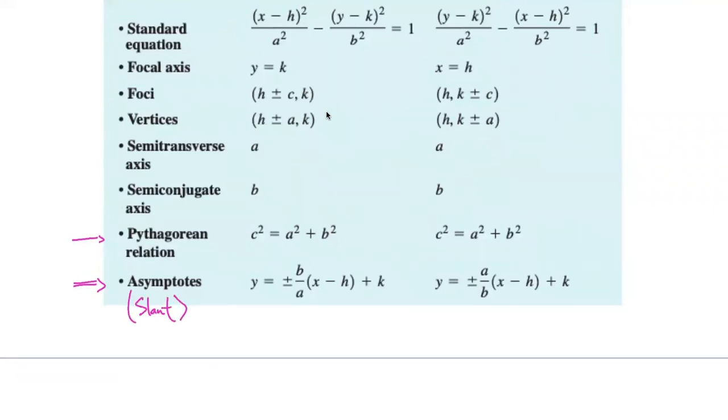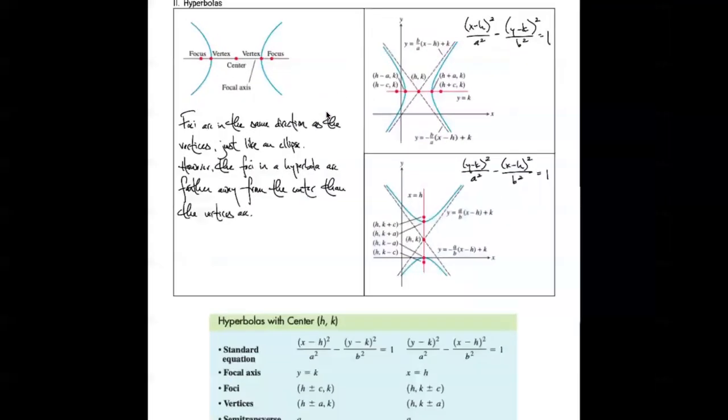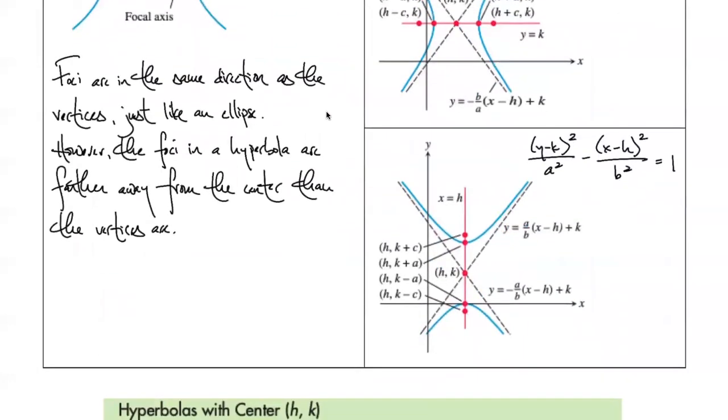And that's actually going to be part of how we draw our diagrams: we're going to draw a few important points, and then we're going to draw the asymptotes. And then after that, we sketch the hyperbola part in, okay? So let's jump into a few examples. Let's see what it looks like.